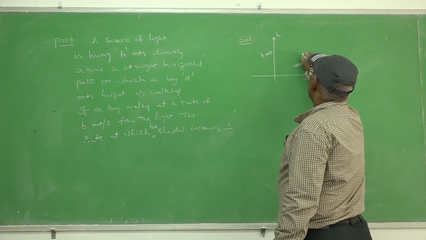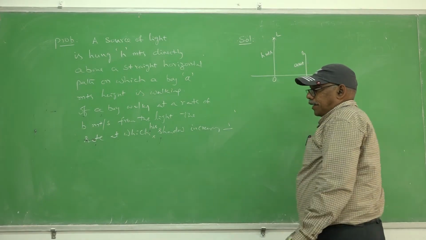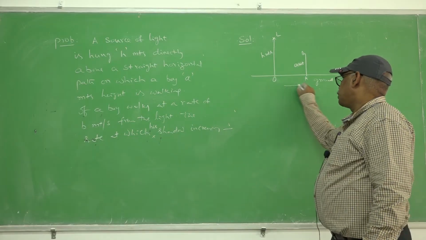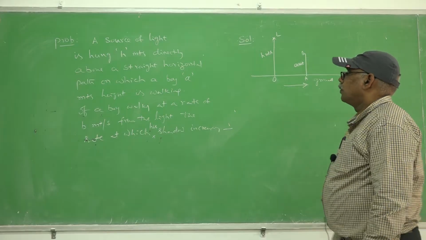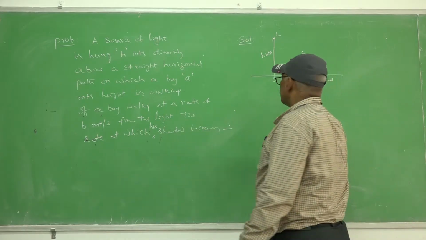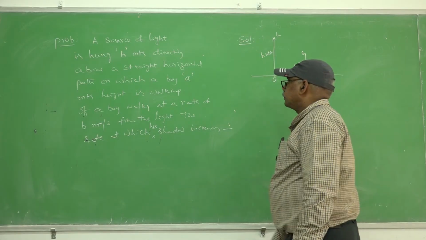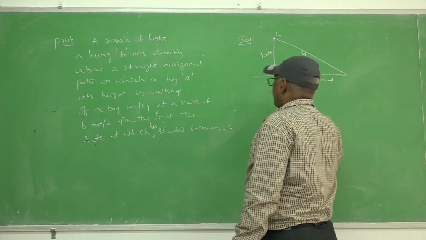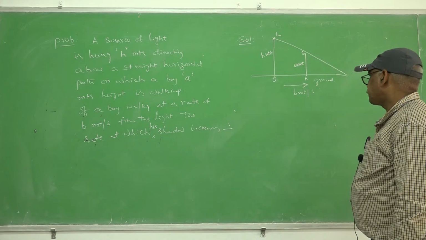Let us suppose AB is the boy and OL is the height of the lamp post. The boy is moving in this direction away from the lamp post at the rate of b meters per second. At what rate does his shadow increase?